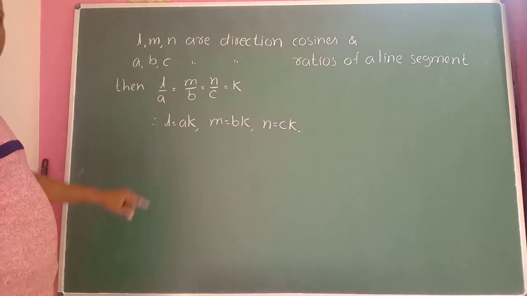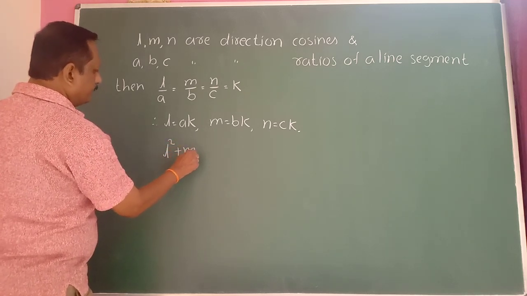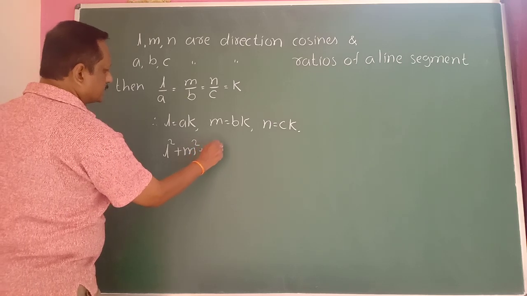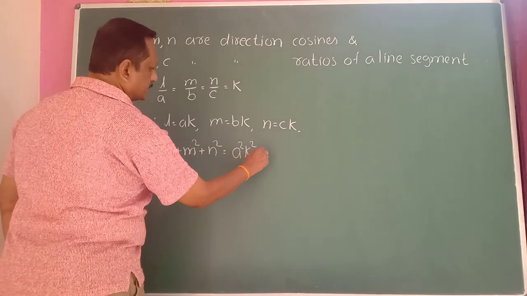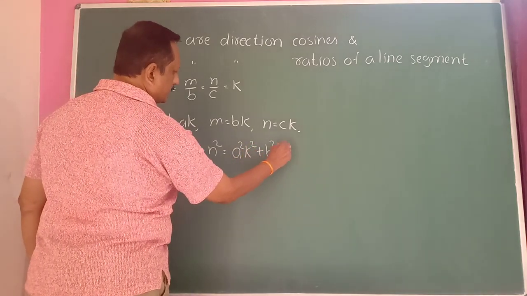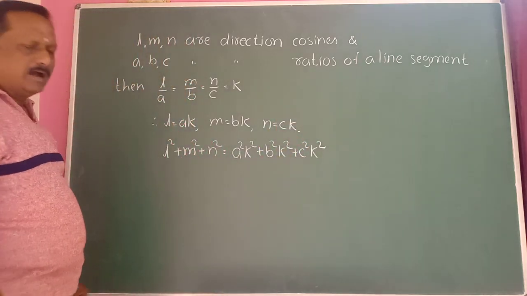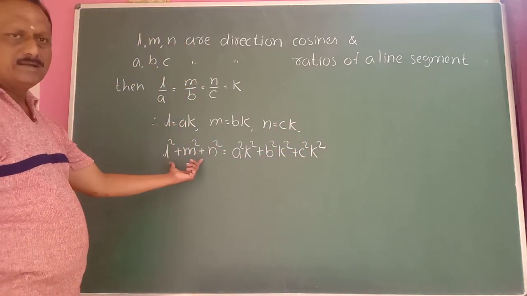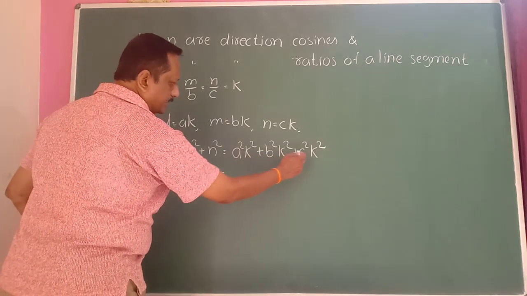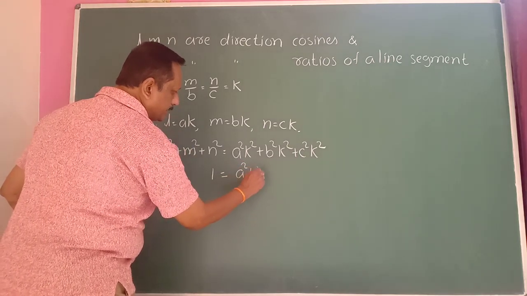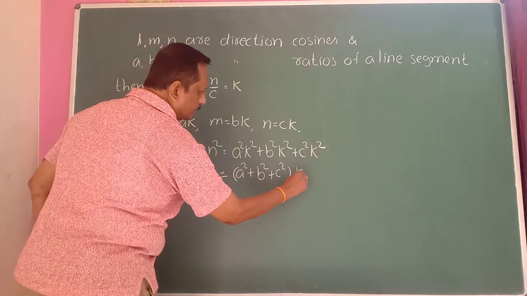Squaring and adding each term, l square plus m square plus n square is equal to a square k square plus b square k square plus c square k square. And you already proved this is 1. So 1 is equal to, k square is a common factor, so write a square plus b square plus c square in a bracket into k square.